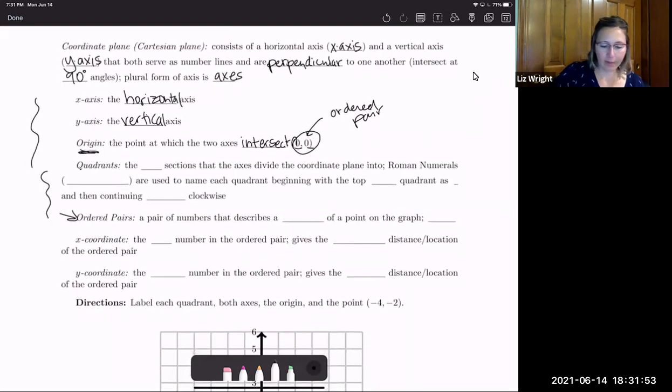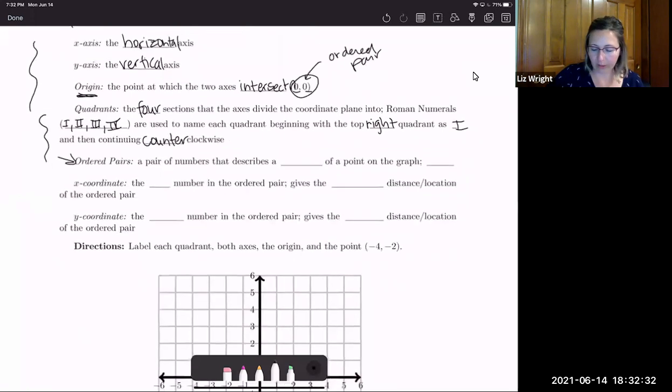Quadrants are the 4 sections that the axes divide the coordinate plane into. We use Roman numerals 1, 2, 3, and 4 to name each quadrant, beginning with the top right quadrant as 1, and then continuing counterclockwise.